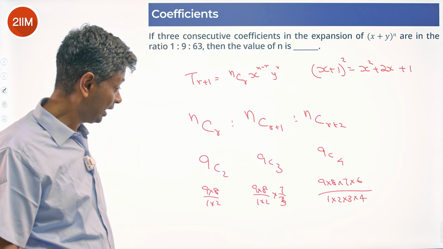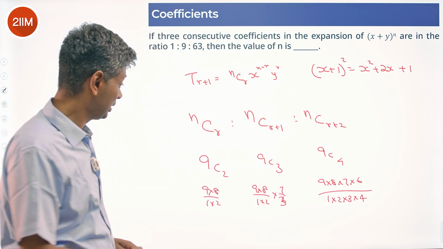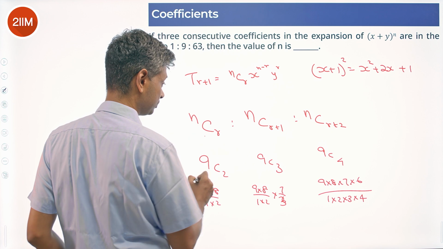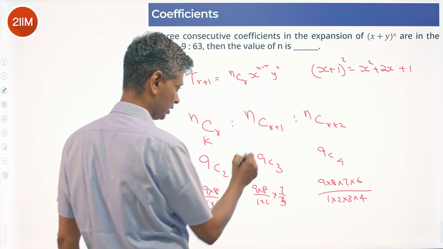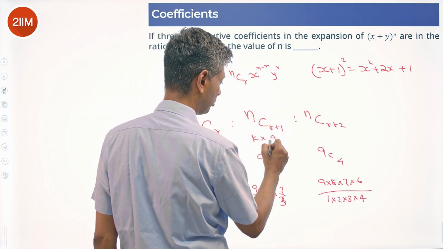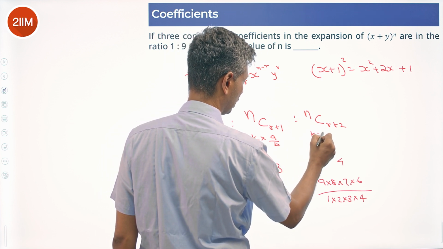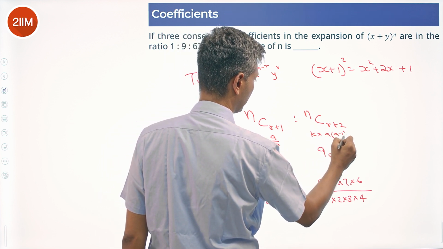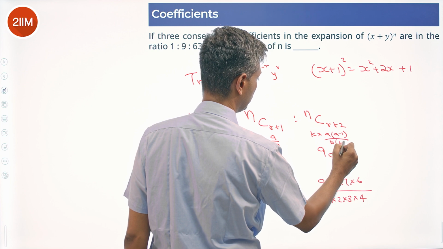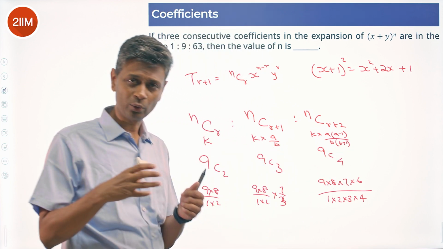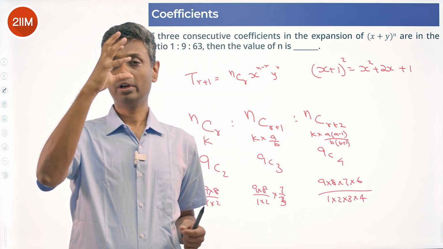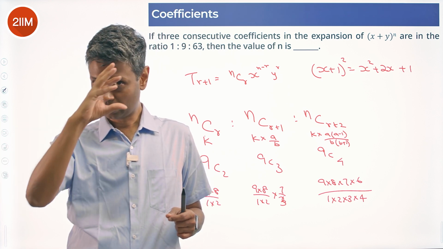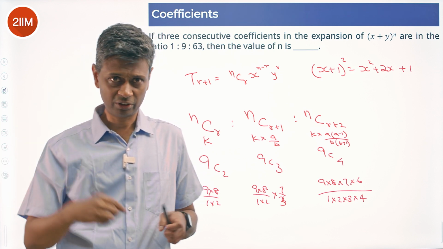So I'm going to say I'm multiplying by some part. Maybe this term is k. The next is k into some a by b. The next is k into a into (a-1) by b into (b+1). The numerator part keeps reducing the integer, the denominator keeps increasing.